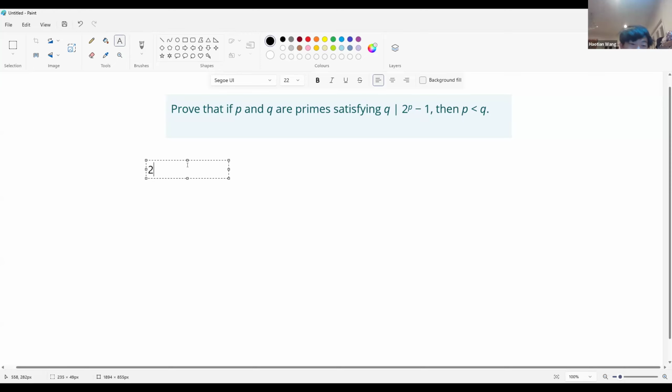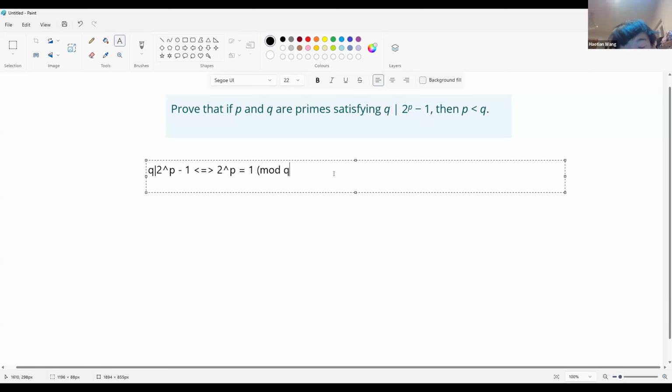Anyways, q divides 2 to the p minus 1, which is the same as 2 to the p congruent to 1 mod q. And then by property 1, which as a reminder, is if a to the n is congruent to 1, then the order of a divides n.